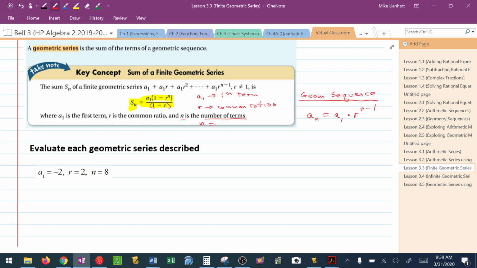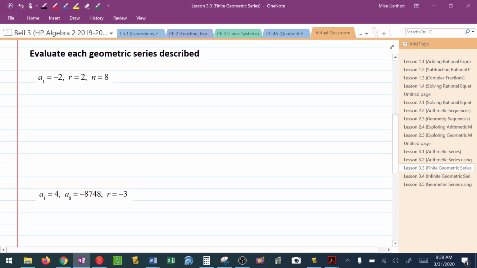All right, so we've got to apply this formula. Here we go. In order to do these problems, I need to use the formula that says the sum of the series is a sub 1 times 1 minus r to the n over 1 minus r.